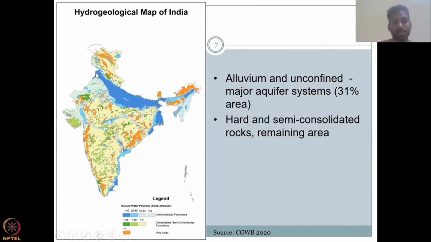You could clearly see that along the major channels of the Ganges basin, if I put the Ganges shapefile on top of it, you could see all the major rivers and tributaries of the Ganges along this dark blue area. And that area has almost more than 40 liters per second yield.